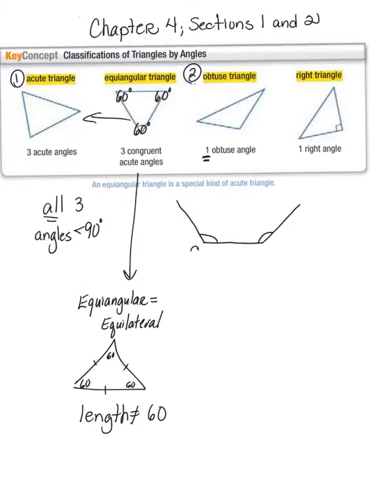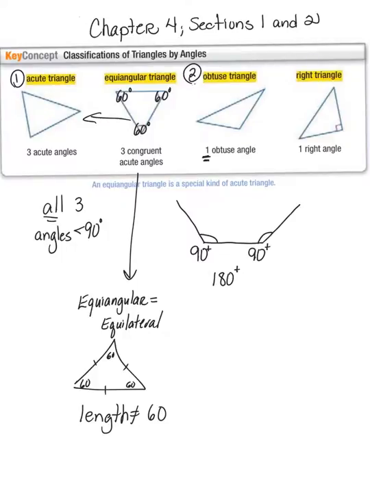If you had over 90 degrees in one angle and over 90 degrees in the other, you would have well over 180 degrees in those two angles, and there would be no degree measure left for the third angle so that you could close off the triangle. So you can only have one obtuse angle in an obtuse triangle.